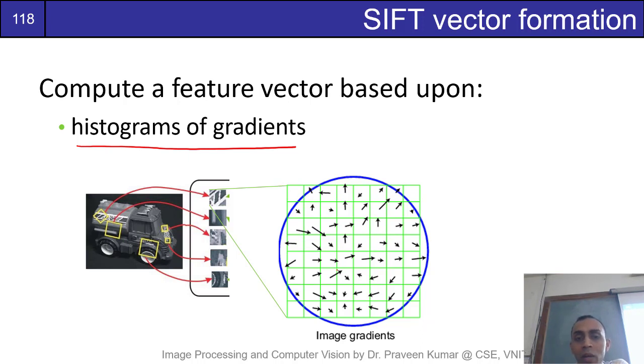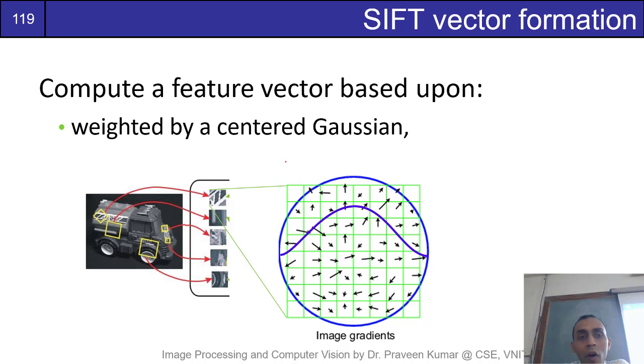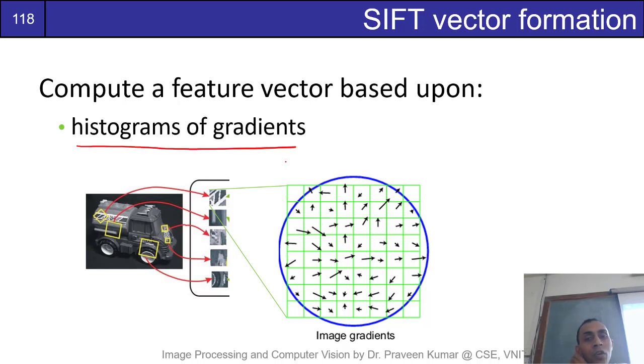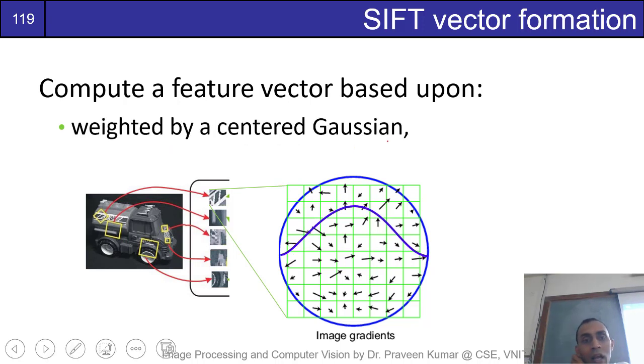So at each pixel location you will have a certain orientation as well as magnitude of the gradient, and that is being represented here. And the descriptor will be formed using a histogram of these gradients, and it will be weighted by a Gaussian window.